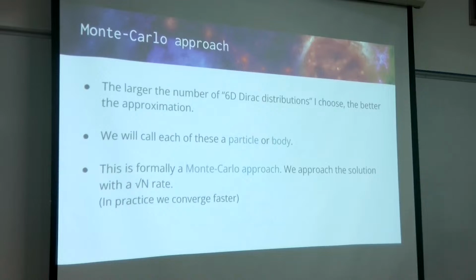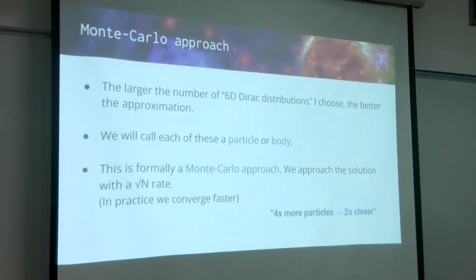This is a very general way you can solve lots of problems, by doing random guesses. You can show, and I'm not going to go into that, that it goes to the correct solution. It doesn't go there very fast, so you will need a lot of these particles and bodies to get to the correct solution. But at least it's tractable.